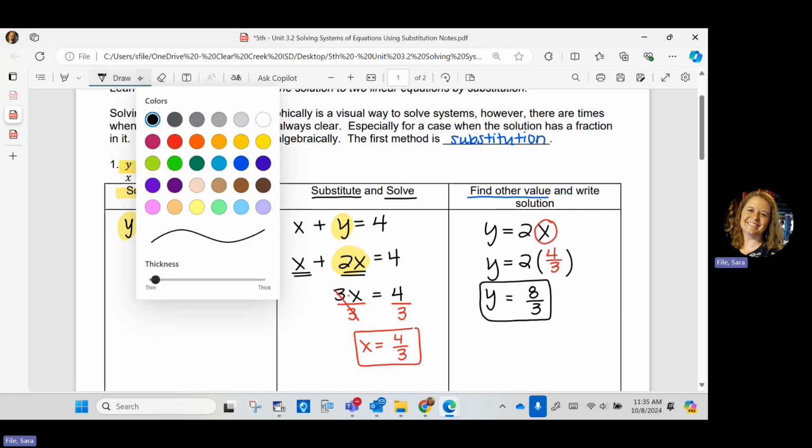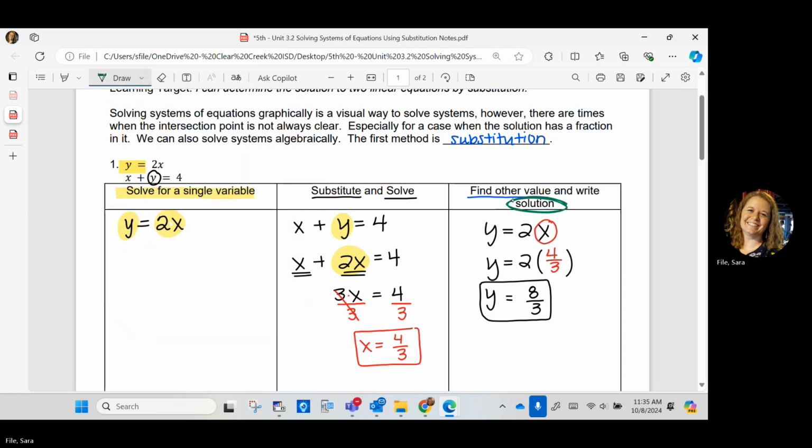Now I need to do the final step, which is to write the solution. We said yesterday, your solution is an ordered pair. It's a point. So if you need to write a reminder here, a solution is going to be written in this format, like an ordered pair.